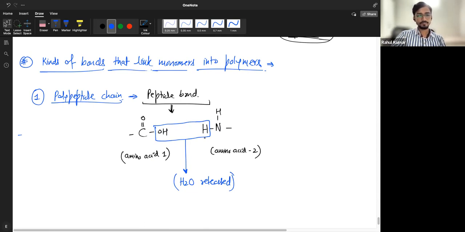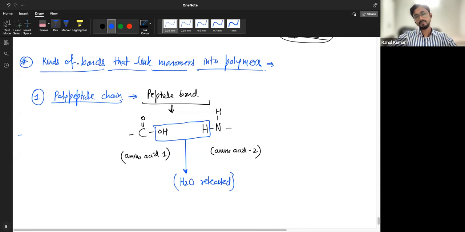So write down. When the carboxyl group of one amino acid reacts with the amino group of the next amino acid, leading to elimination of water molecule. Sir, can you repeat it?